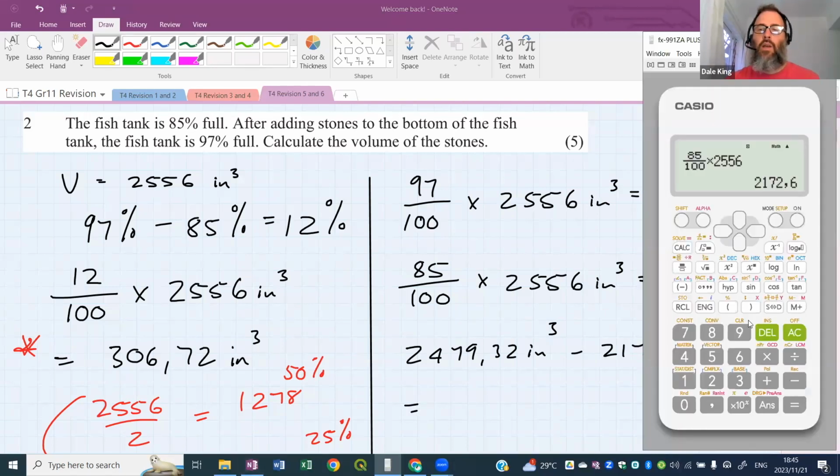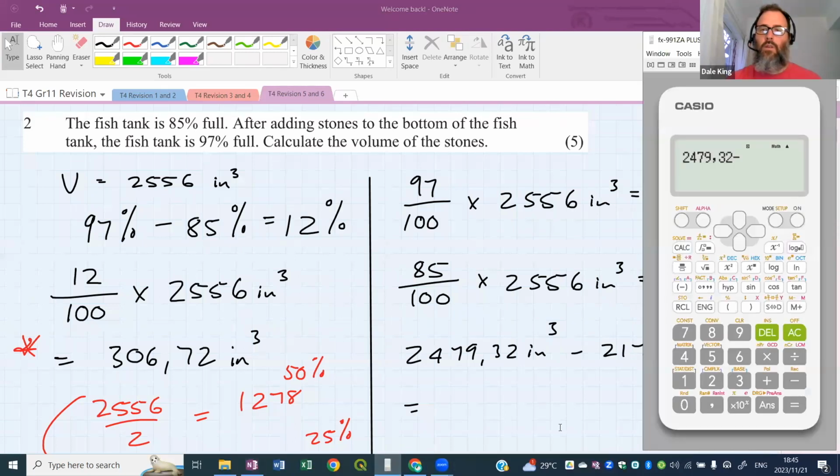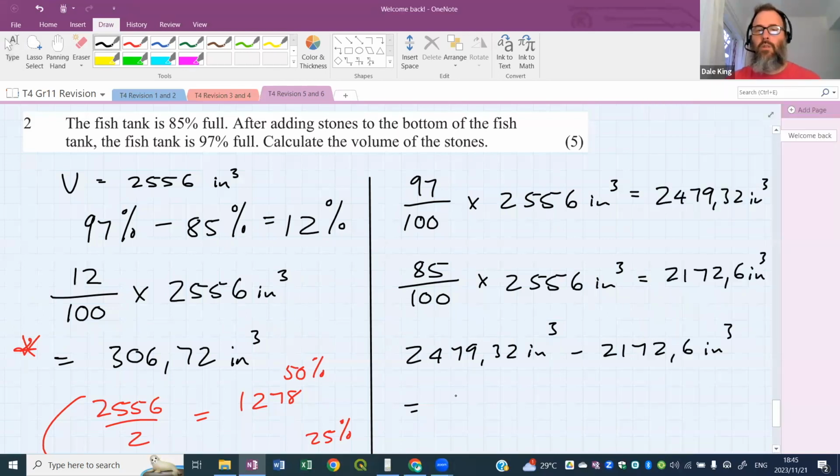Let's check what we get here. 2479.32 minus 2172.6 is 306.72. Exactly the same. So two methods to work this out.